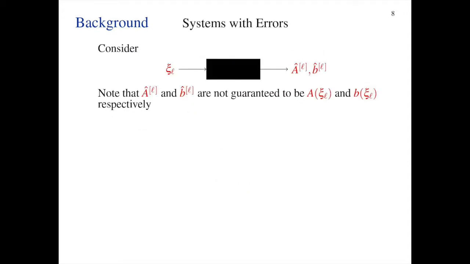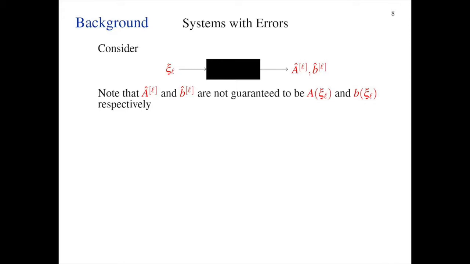All right. So the idea is you have a black box, and you can consider that the black box contains the linear system. And what you can do is probe the black box, and in output you get scalar systems A hat and B hat. But A hat and B hat are not necessarily the evaluation of A and B, right?